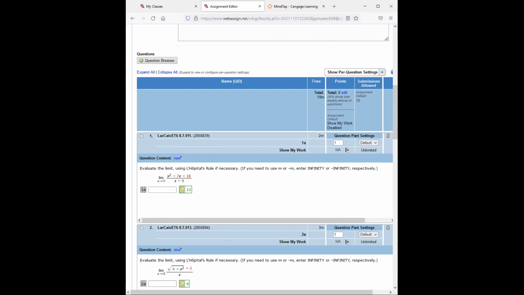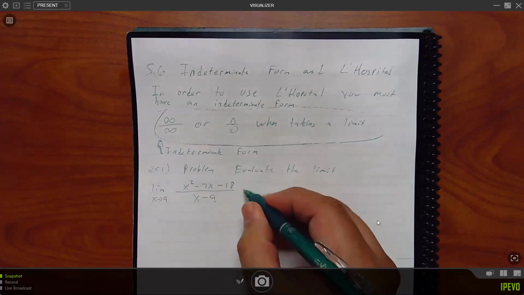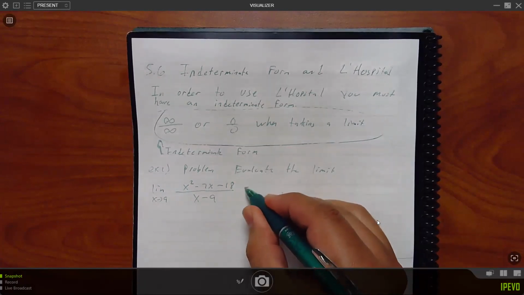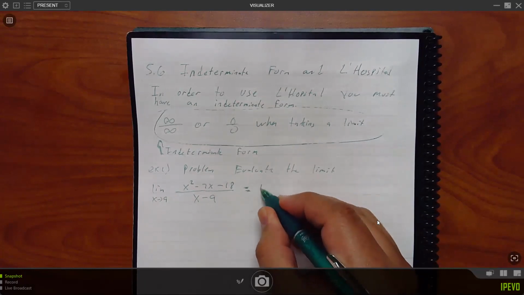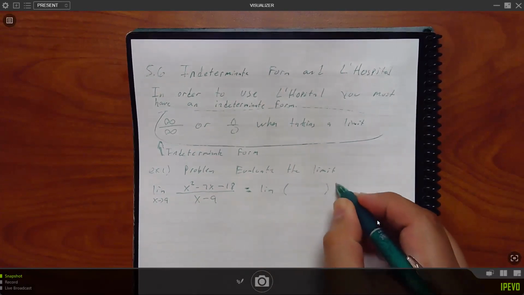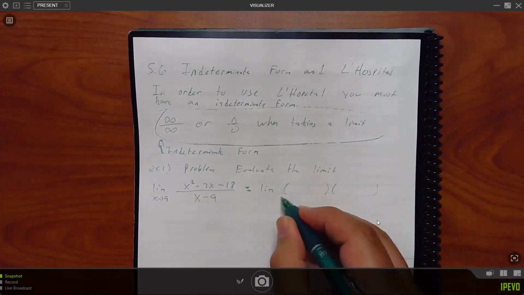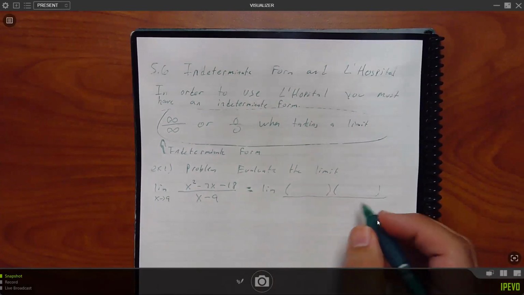Okay, let's switch back here. Okay, so first thing we should do is just try factoring first. Does the top part factor? Yes. What does it factor into? x minus 9 and x plus 2. Yeah, that's right.